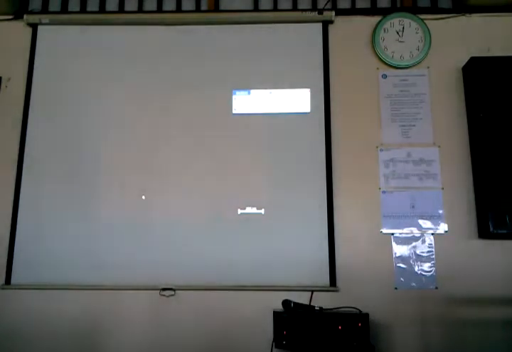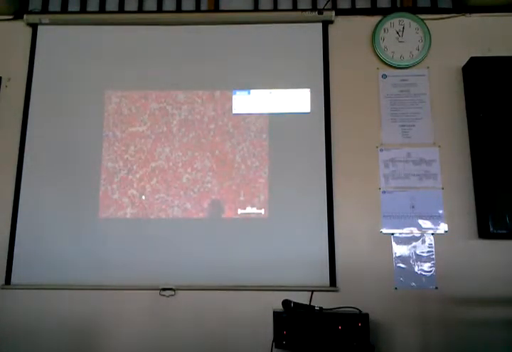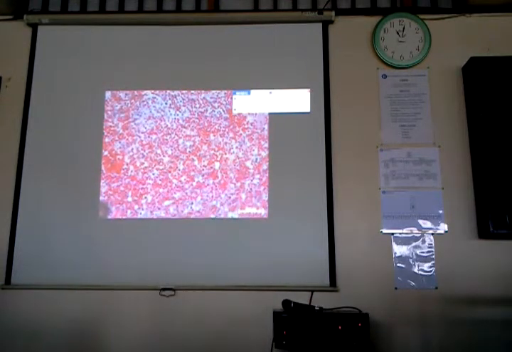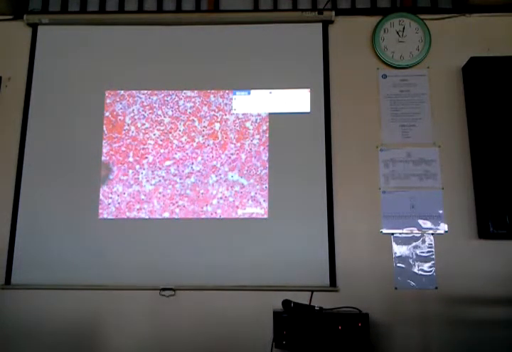What type of blood vessel is present in the red pulp of the spleen? Okay, sinusoids, which are actually dilated capillaries. So as you can notice, the sinusoids in this portion are already filled, almost completely filled with red blood cells, indicating that more blood is accumulating in the sinusoids of that portion of the spleen.